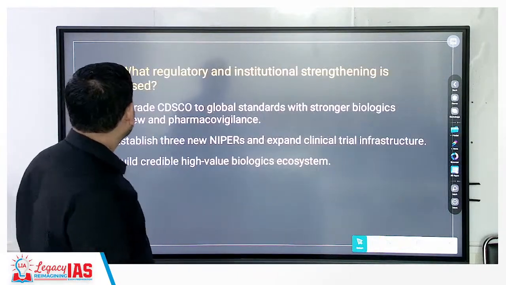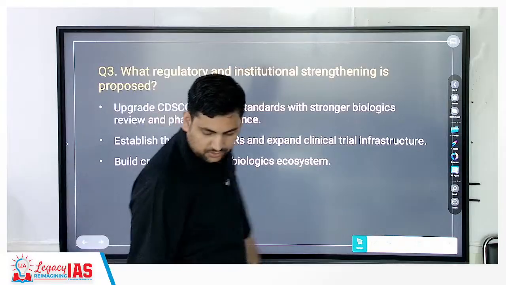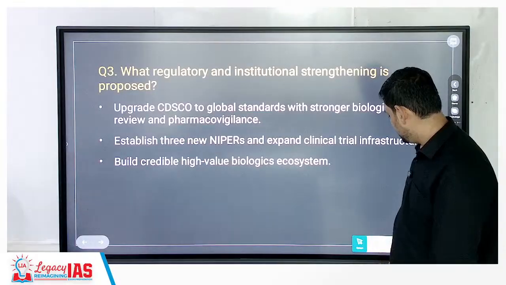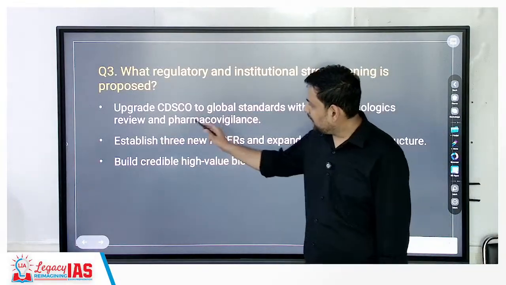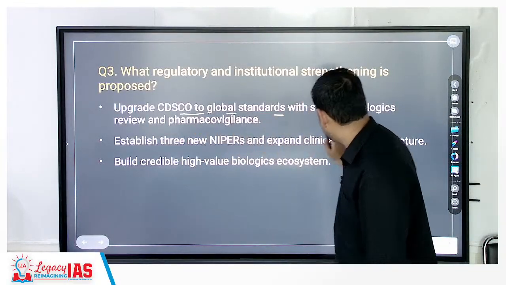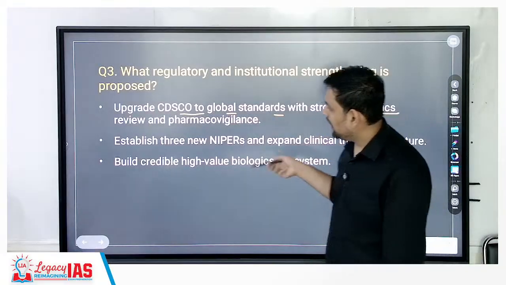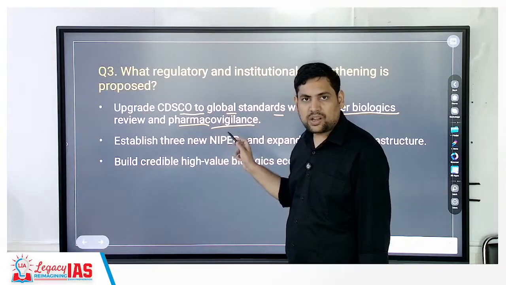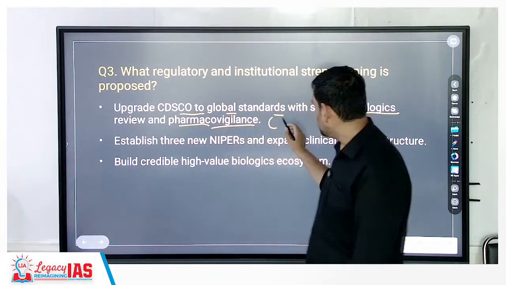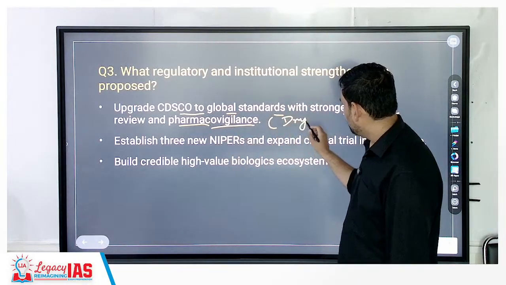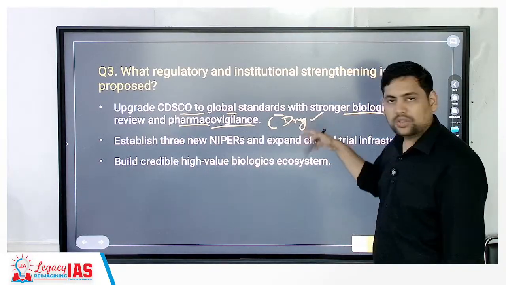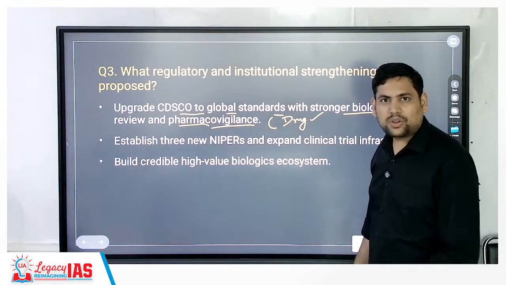Now, what regulatory and institutional strengthening is proposed? So first, you need to upgrade CDSCO to global standards, okay, with stronger biologics review and pharmacovigilance. Pharmacovigilance means what? Once a drug is released, let's say a biopharmaceutical or whatever, before the release of the drug there are all the trials.